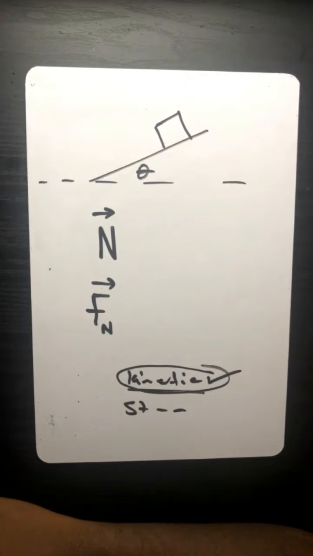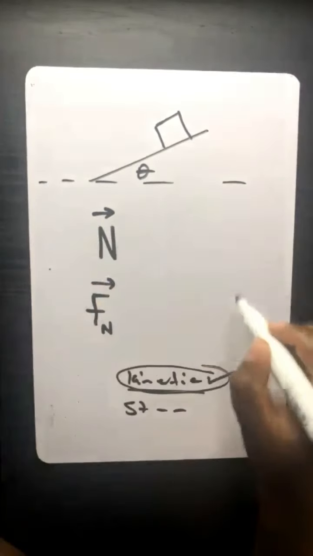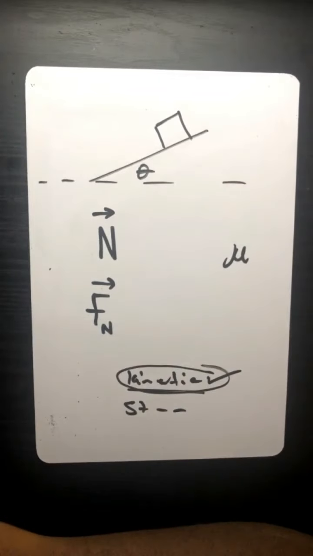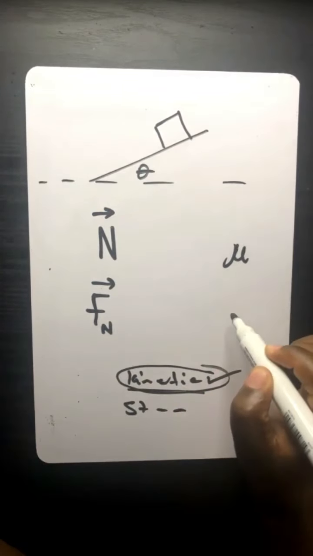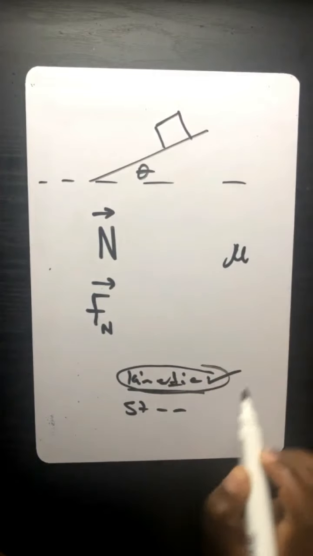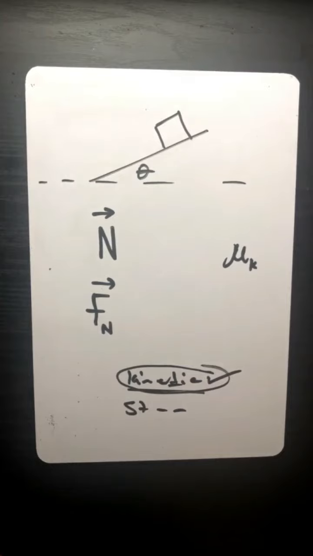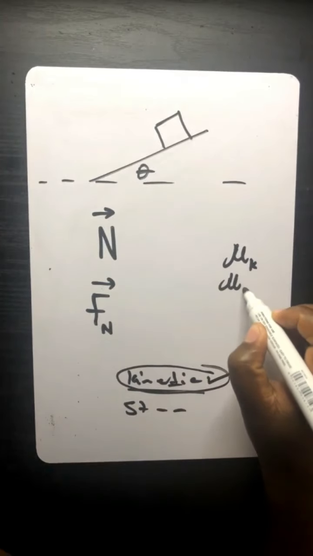What is the kinetic coefficient, guys? Ladies and gentlemen, that is the mu. You remember I mentioned the mu. Because we specify this mu to say we are talking about the kinetic one, let's say mu k. So that means we also have mu s.